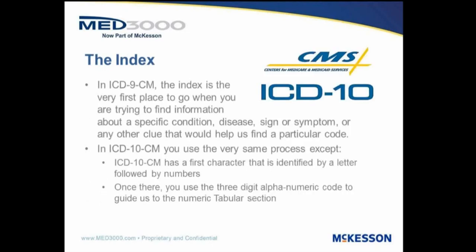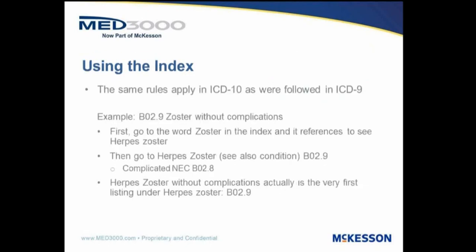If we look at the index, this is the first place that you will go when you're trying to find specific information about a condition, a disease, a sign or symptom, or a clue that helps you find a particular code if you're reading an operative report. In ICD-10, you will use the same process as you currently use today. In this example, we're looking under B02.9. First you go to your word, whatever that condition would be in the index, and see if it references you to see something else. Then you would also see, if we had no complications, under any part that you may be looking for, whatever that condition would be.